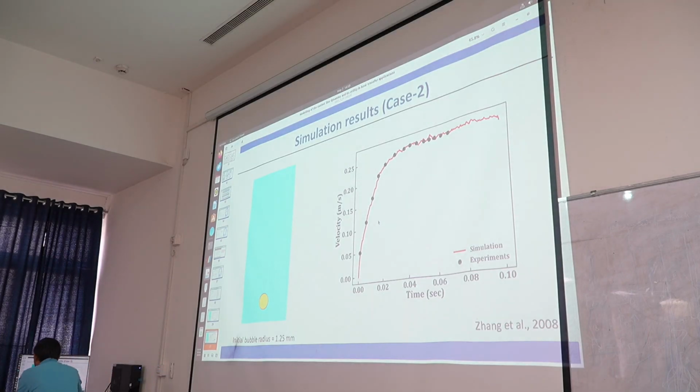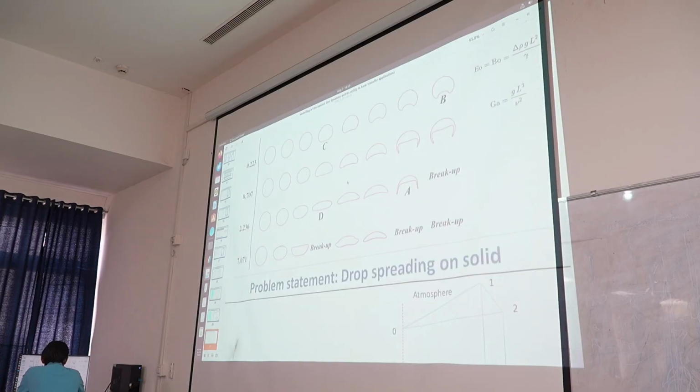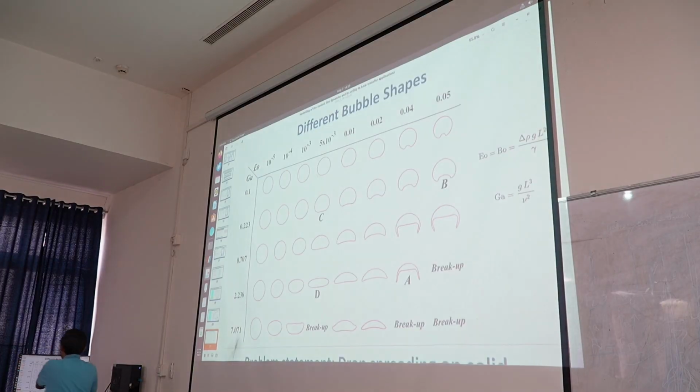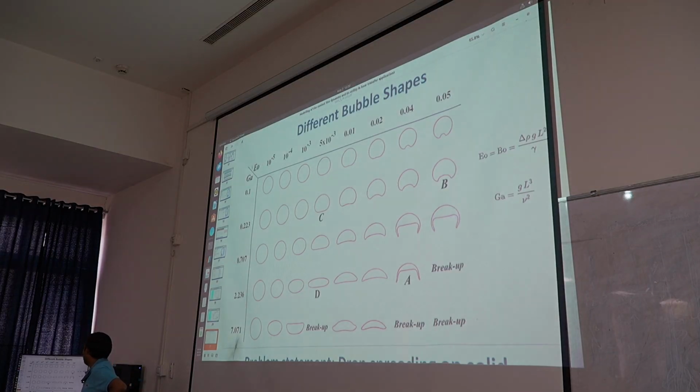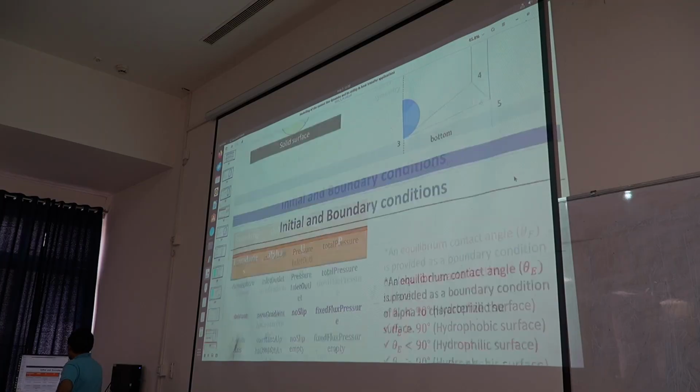These are the different breakup regimes of the bubble, where you can observe different shapes depending upon the values of the Eötvös and Galilei numbers. This is the Bond number, which represents the relative importance of body forces and surface tension, and this is about the body as well as the viscous forces.